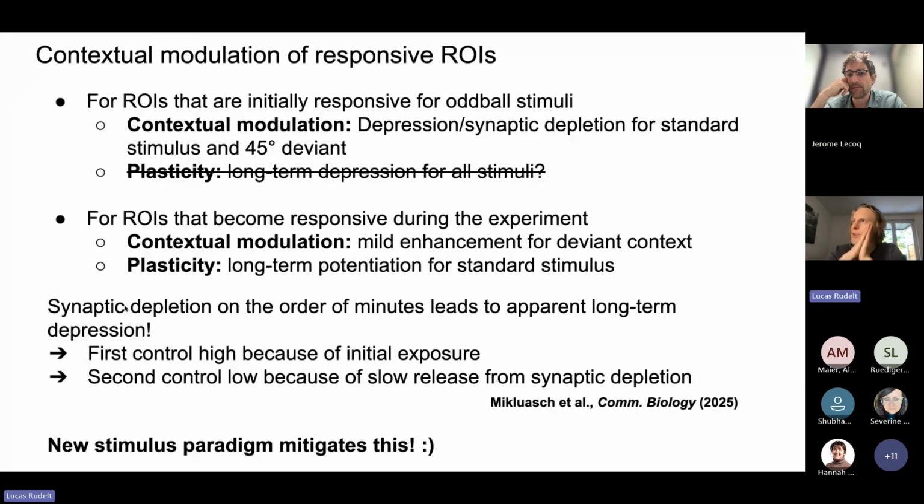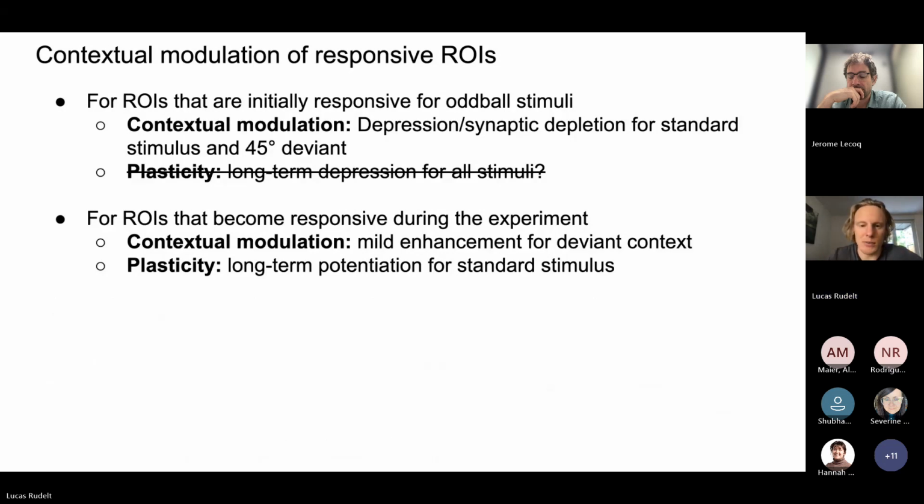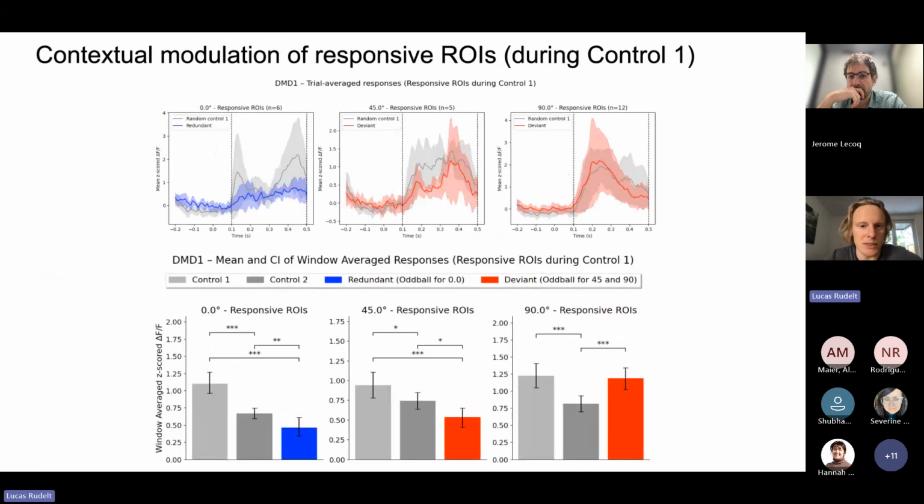Yeah, that's an interesting point. I'm just a bit worried that per experiment, we actually have a very low number of responsive ROIs in the first place. Just to give you the numbers, roughly, in one imaging plane, 6 are responsive for the standard 12.